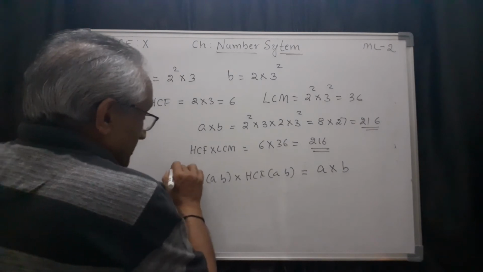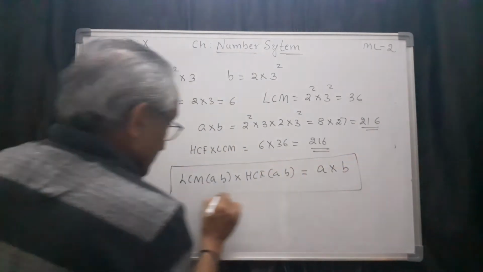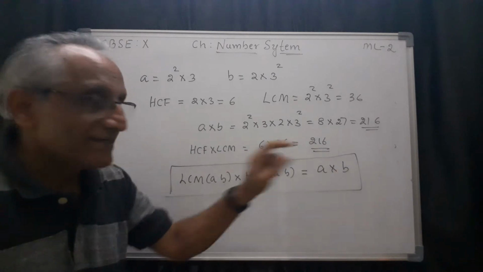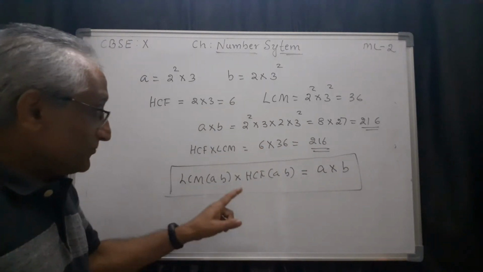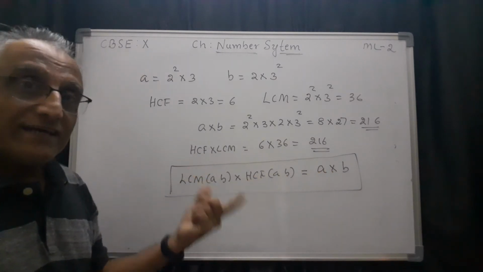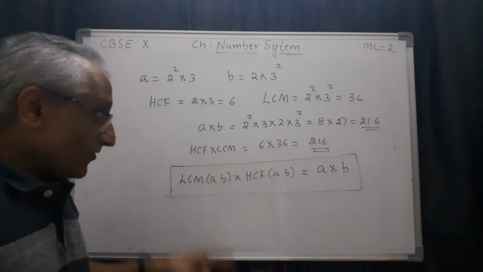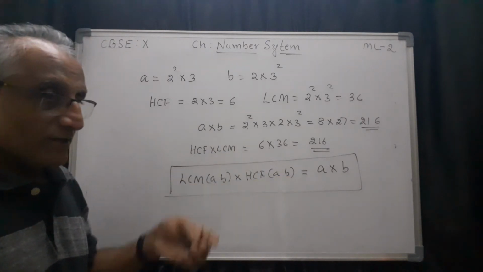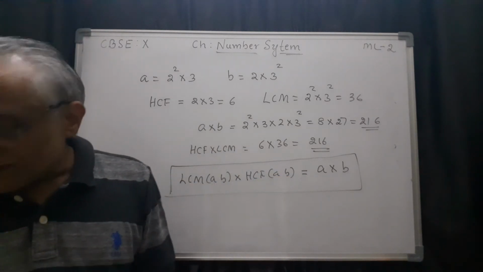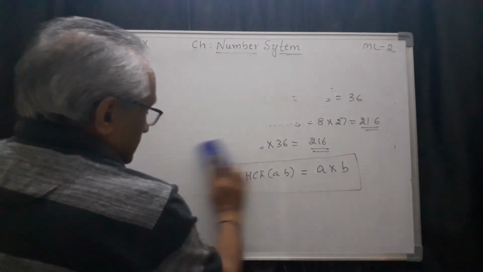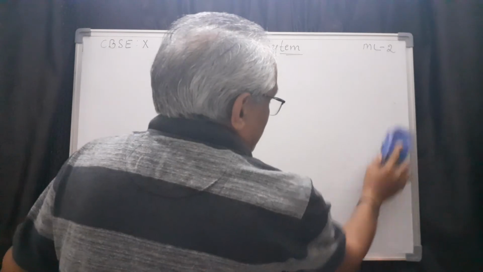For example, suppose you know the LCM, HCF and one of the numbers, you can find the other number. Or if you know the LCM, A and B, you can find the HCF directly, no need to calculate it. Or if you know A, B and the HCF, you can find the LCM using this formula. So this is the relationship between the LCM, HCF and the two given numbers.